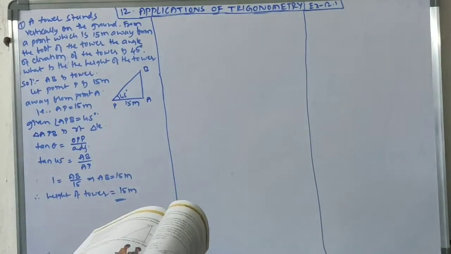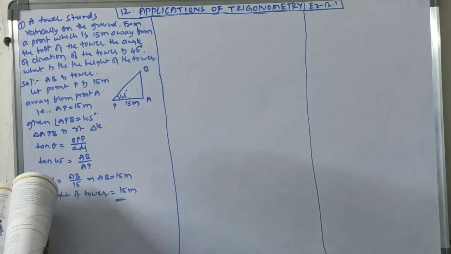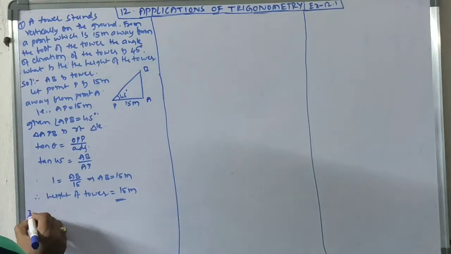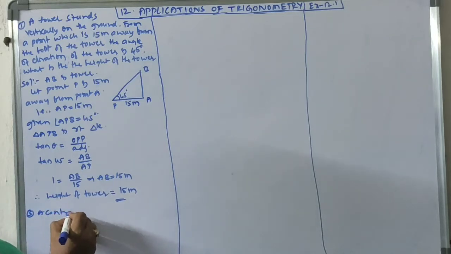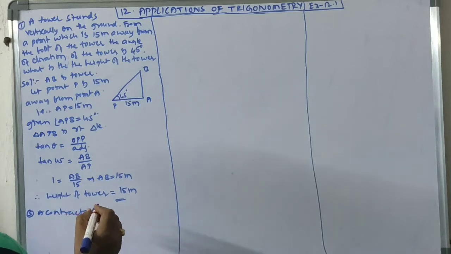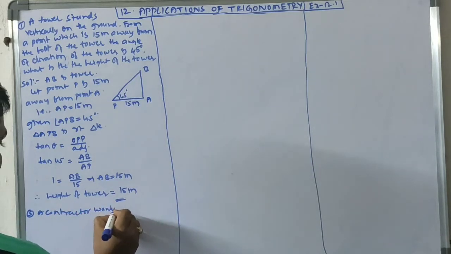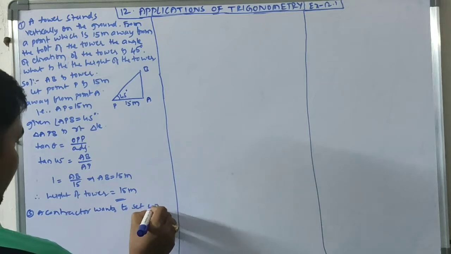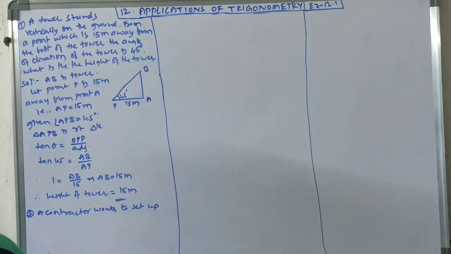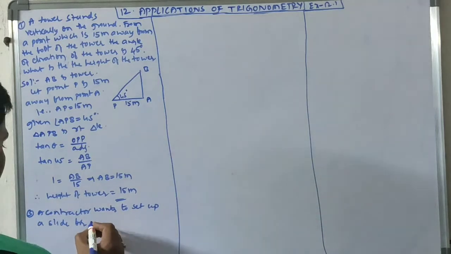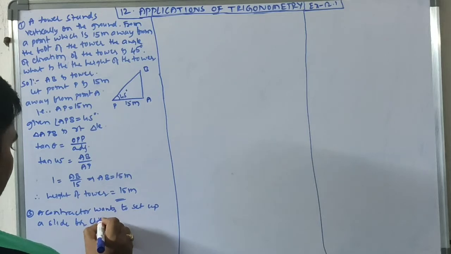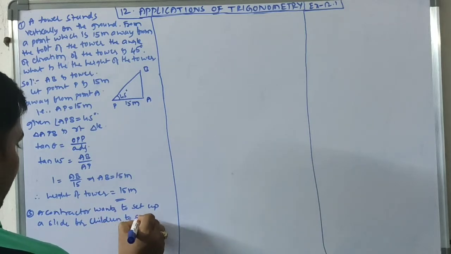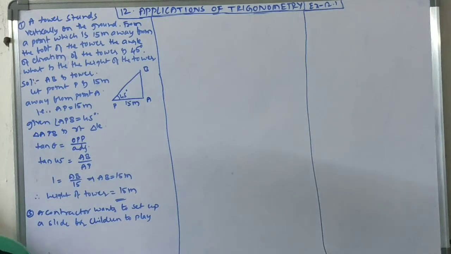Okay. Next, the third question we will do. A contractor wants to set up a slide for the children to play in the park.